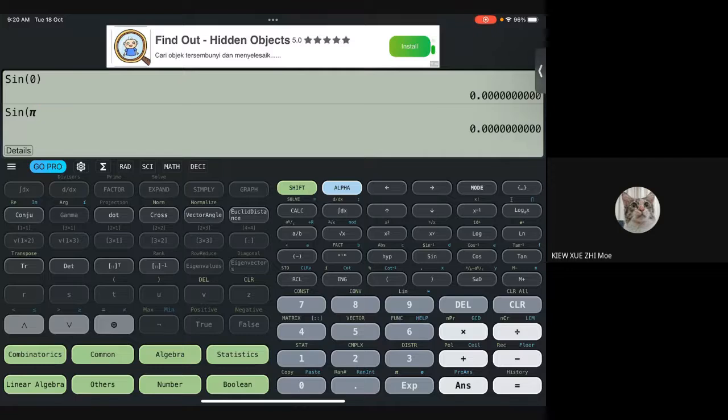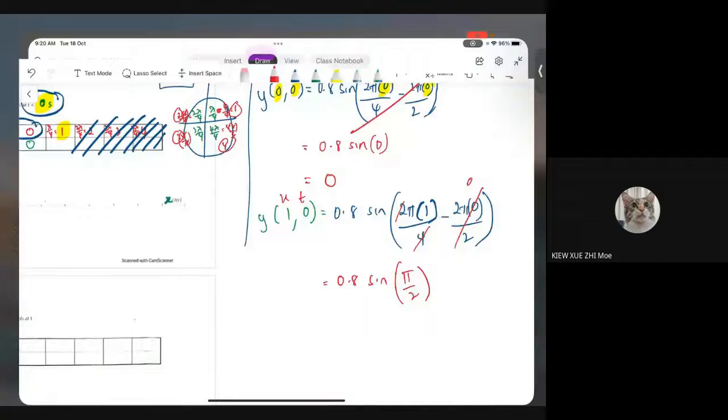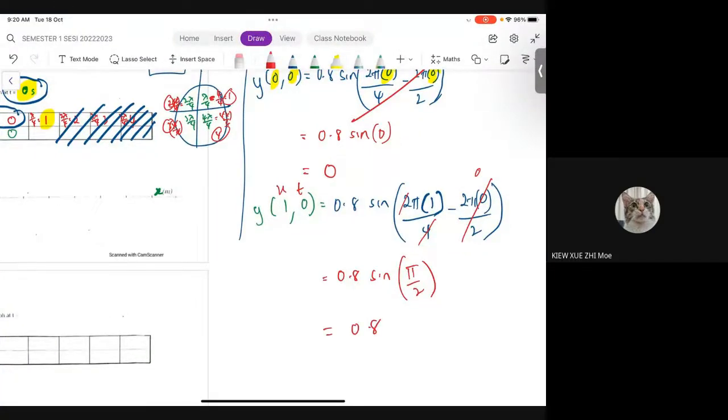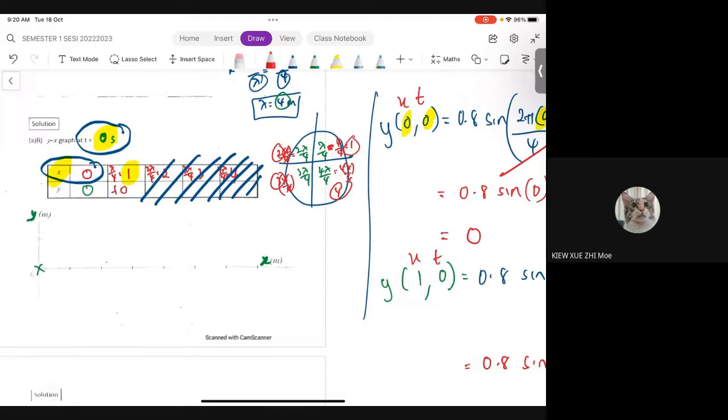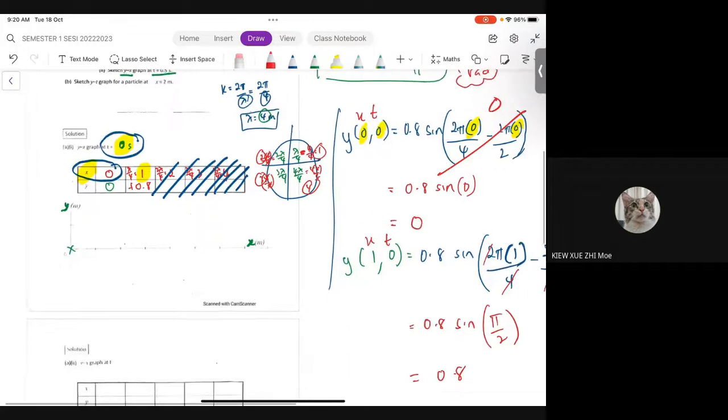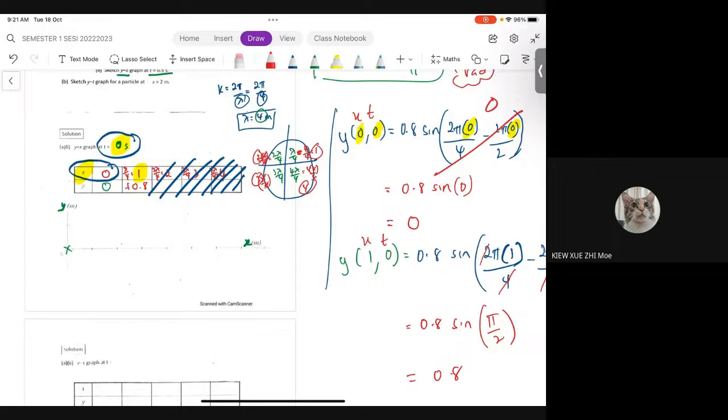Pi over 2. It's 1. So saya dapat 1 lah. So my answer is 0.8 lah. So meaning dia duduk dekat positive 0.8. Okay, so apa yang saya tahu ni maksudnya bila dia x adalah 1, dia duduk dekat 0.8 here.